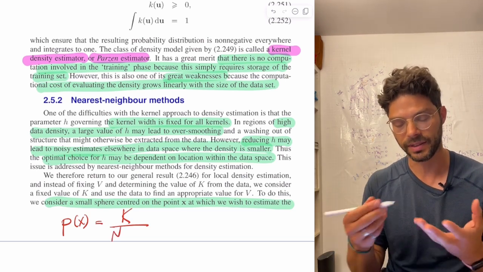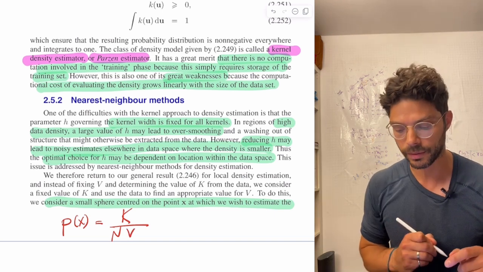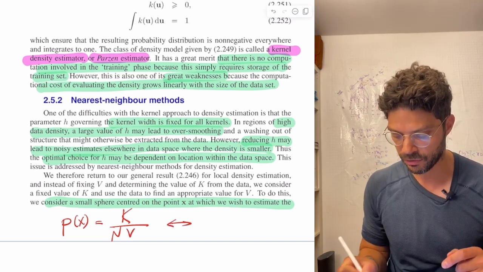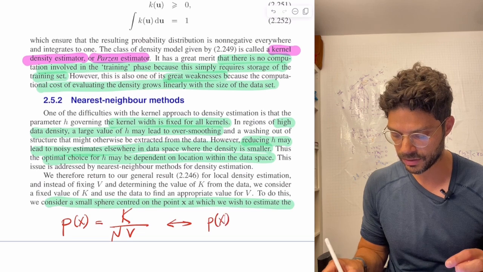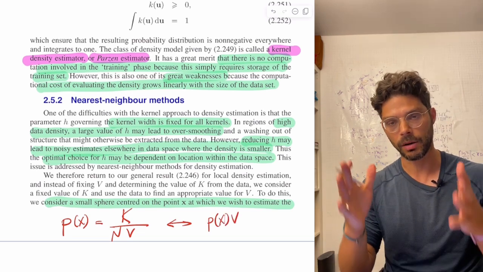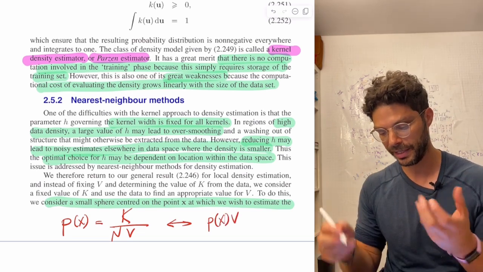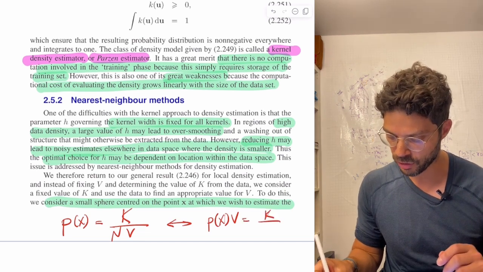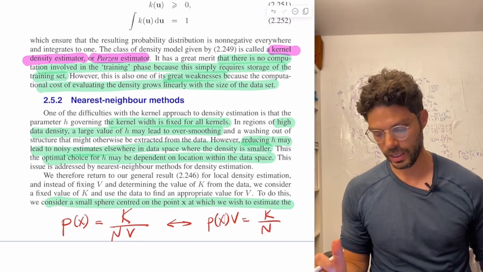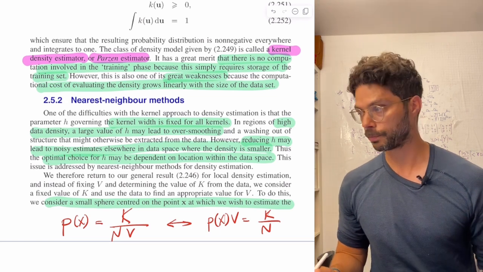And because it's a probability density we're after, there's a volume there. Remember, this was coming from the idea that p(x) times the volume, the probability itself, not the probability density, should equal the fraction of points you have inside that volume.